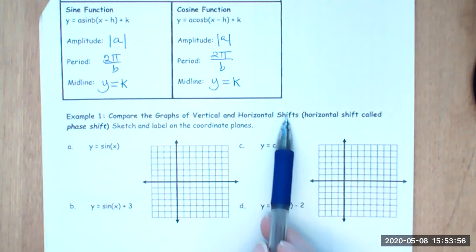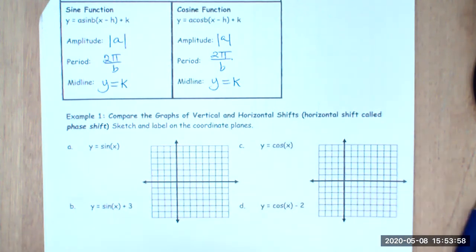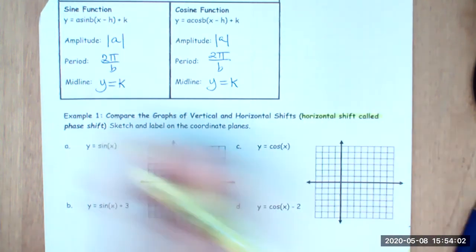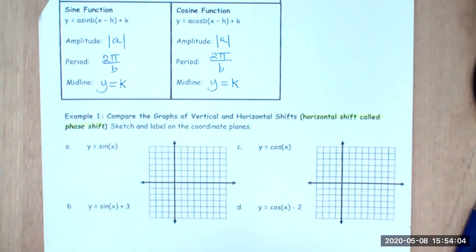Something you want to particularly focus on is that a horizontal shift is typically called a phase shift. Part of the reason for that is, for example, the pattern of the moon is in cycles, right? Moon and tides and so on. And so you have phases, like phases of the moon.